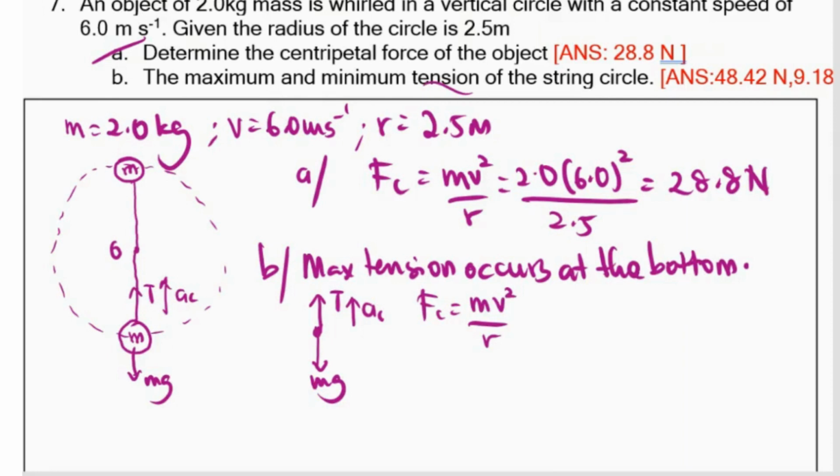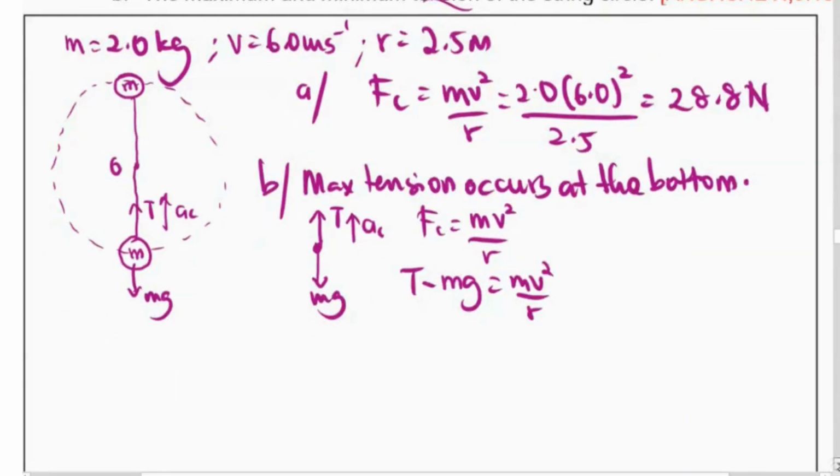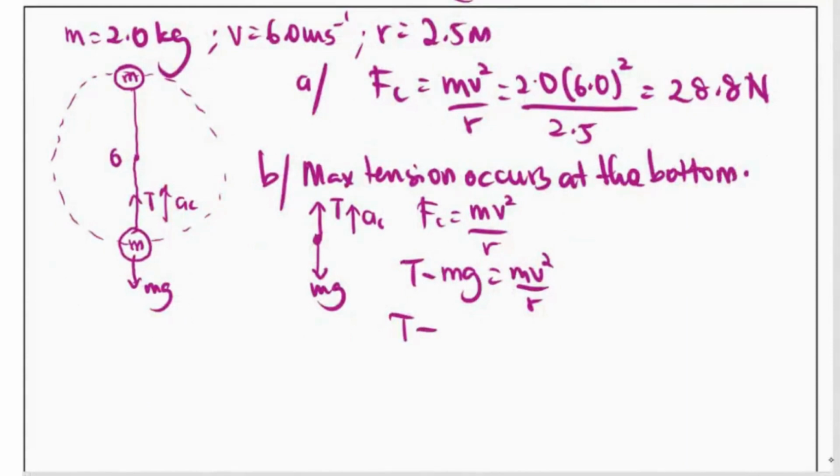Since AC is pointing upward, the tension minus the weight equals mv squared divided by r. Then you can substitute the values in. M is 2, g is 9.81, and mv squared by r is just taking the answer for A, which is 28.8. So then we got the tension force.